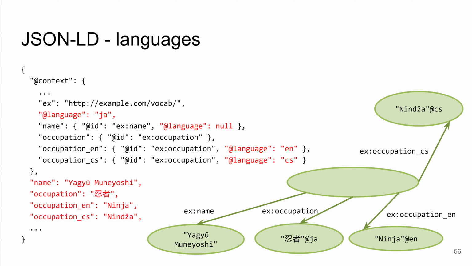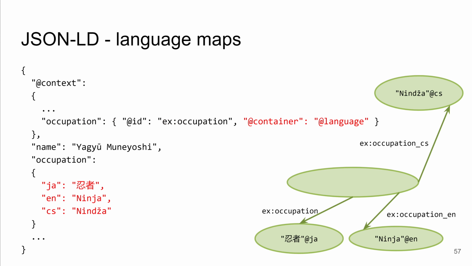The way a JSON developer would do it is this, and this is called a language map. And there is support for it in JSON-LD. So we may say that the occupation key here is mapped to the X occupation predicate, and it is a language container. So here we have a new keyword @container with the @language keyword as a value.